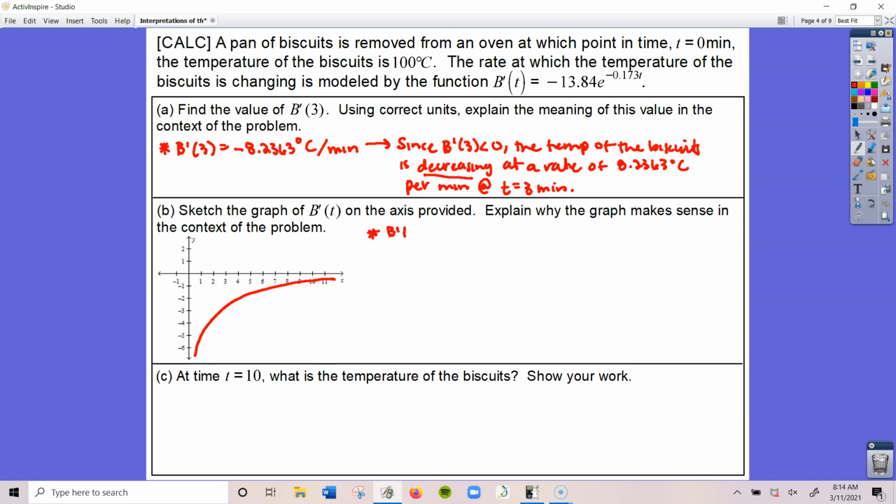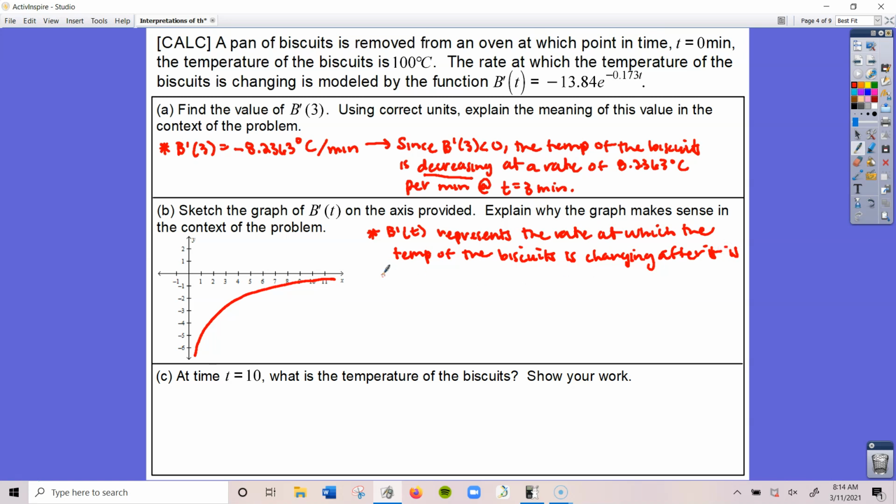B prime of t represents the rate at which the temperature of the biscuits is changing. And this is after it is removed from the oven.